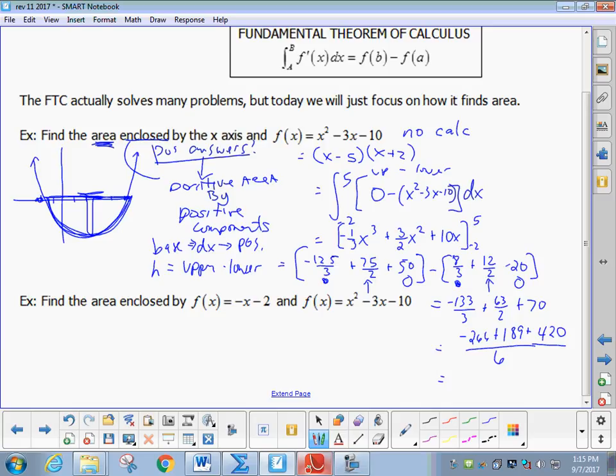Do you want to add first or subtract first, or what do you want to do here first? Let's do 420 plus 189. What do you see? Because 420 plus 180 is 600, so that's 609. And then 609 take away 266. That's maybe not so much, but let's see. 609 minus 300 would be 309.